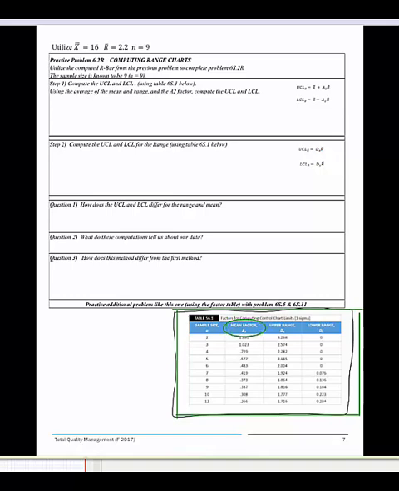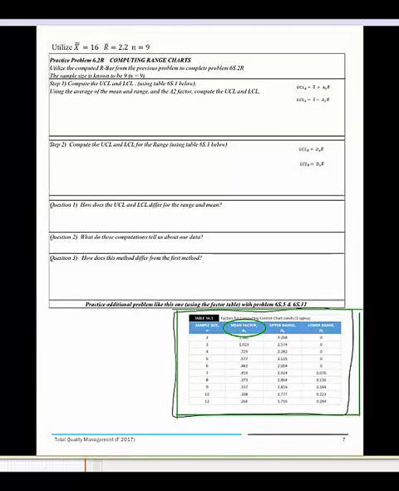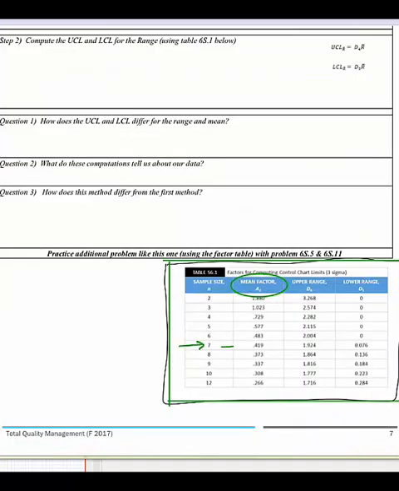So let's go back and take a look at our sample size. I just went ahead and pulled that out. You see up here it says 35 samples of size 7 were taken from the process. So now we'll go to this next page, go to 7, and pull that factor 0.419 out.